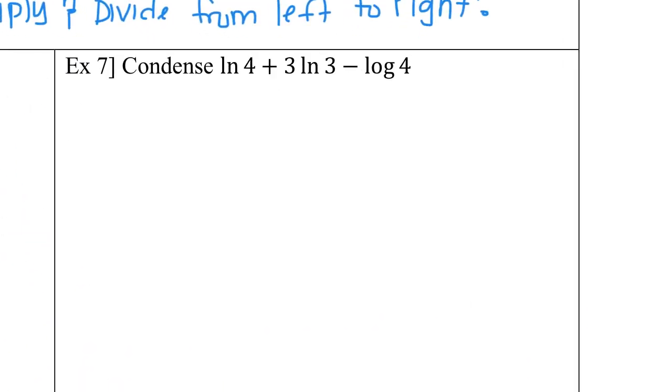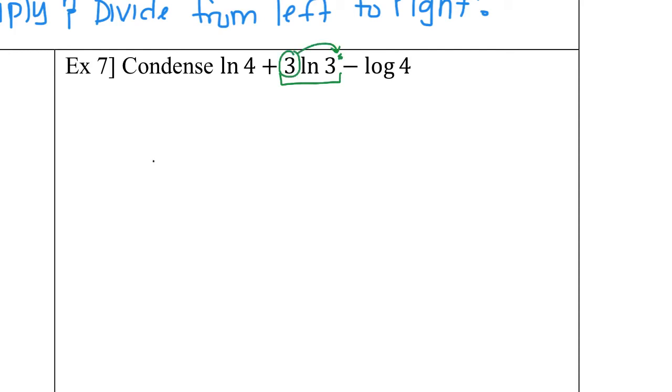Okay, condense natural log of 4 plus 3 natural log 3 minus log of 4. Start with your exponent. See if you have any coefficients in the front, which in this case I do here in the middle. This 3 in the front is actually the exponent on this guy.